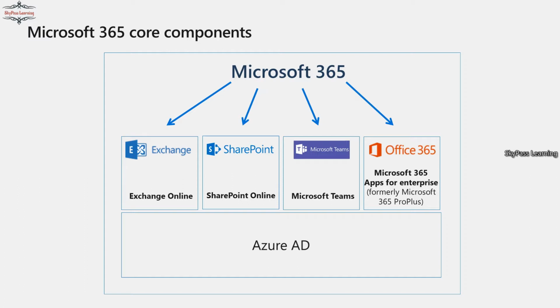Those were added to Office 365 and in the end Microsoft changed the name to Microsoft 365, which contains your Exchange, SharePoint, Skype for Business, or you can say it's renamed as Microsoft Teams, and Office 365 packages.